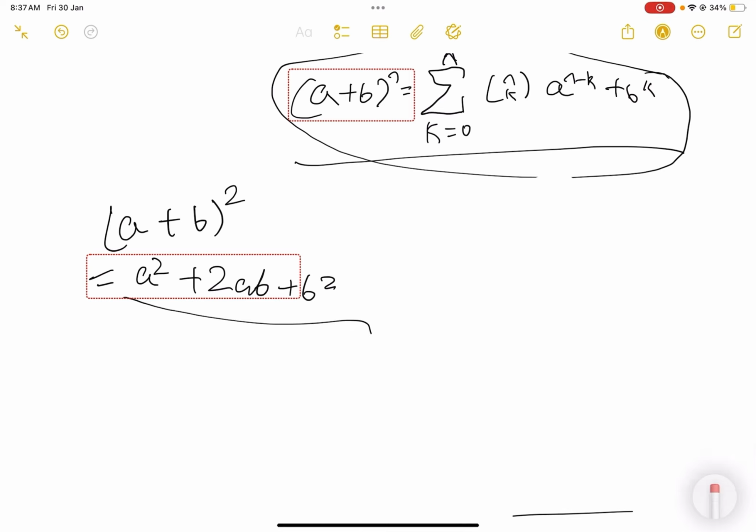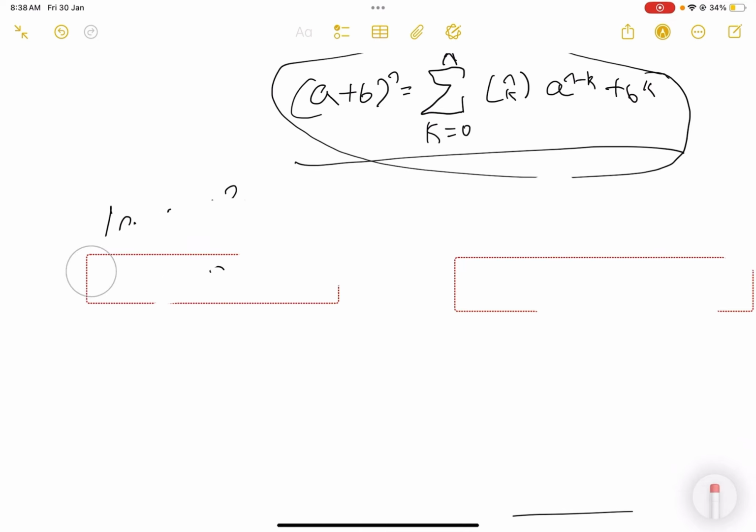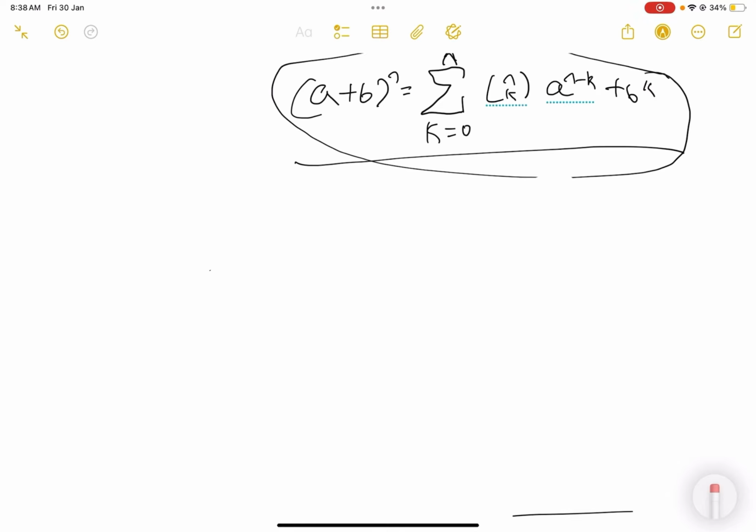And for the cube, with the same formula, (a + b)^3 is equal to a cubed plus 3a squared b plus 3ab squared plus b cubed. This function does all of that. How, you may ask? I'll explain it to you very simply.